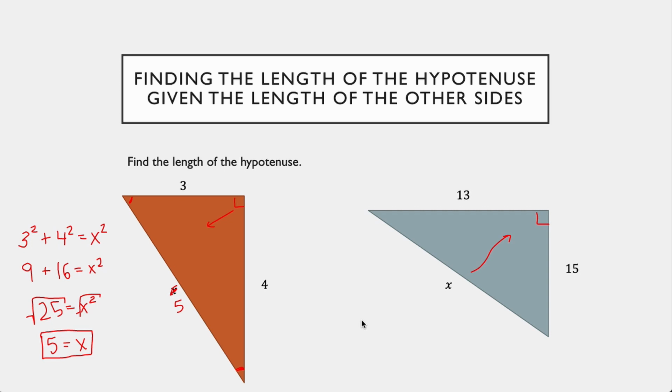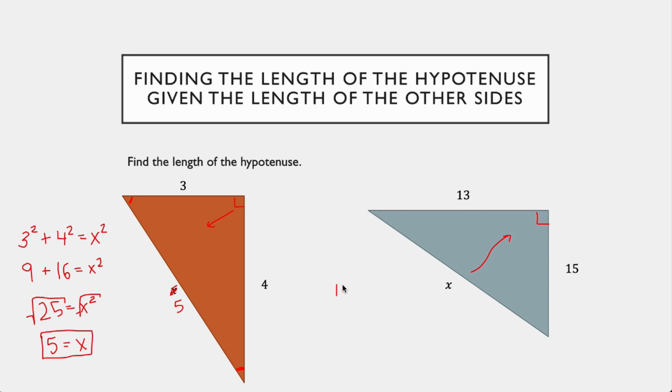We have this, and here is our hypotenuse. So let's solve for x. Let's put 13 as A and 15 as B. And yeah, this isn't to scale, but it doesn't really matter as long as it's a triangle. But let's do it anyway.